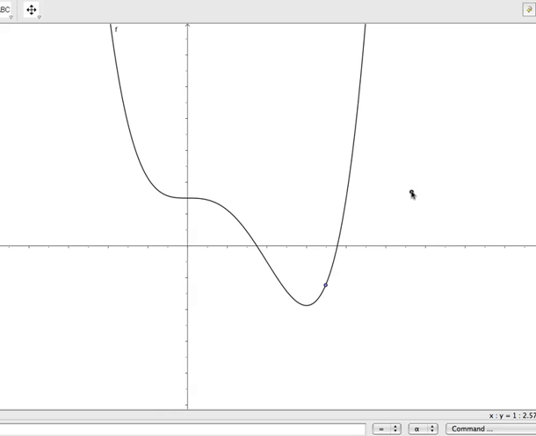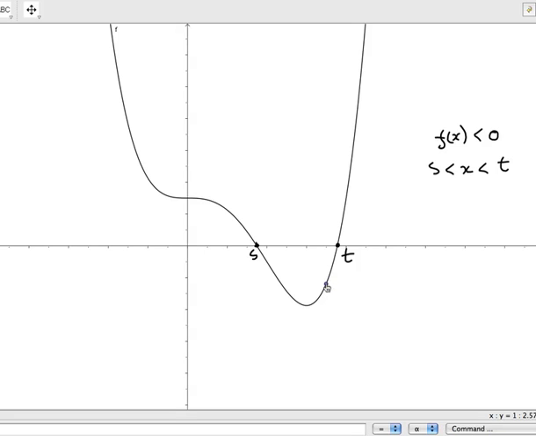So here's the graph from the question, and we're going to look at f of x. And the statement that they make is f of x is less than 0 for x anywhere between s and t. There's s and there's t, particular values of x on the x-axis.